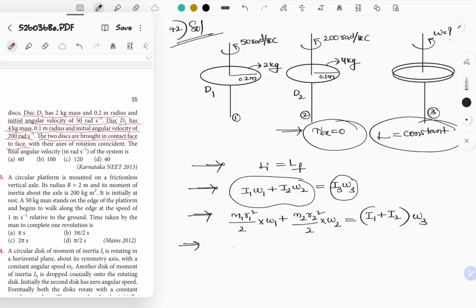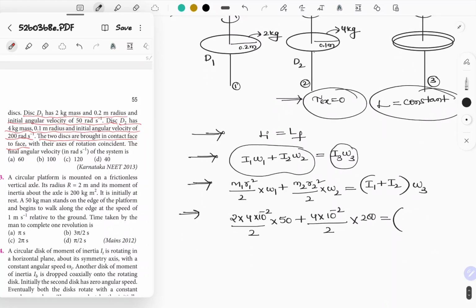I1: mass of the object is 2 kg, radius is 0.2 meter square, so it is going to be 4 into 10 power minus 2 divided by 2 into omega 1 which is 50, plus mass is 4 kg, radius is 10 power minus 1 square, which is 10 power minus 2, divided by 2 into omega 2 which is 200, equal to I1 plus I2.